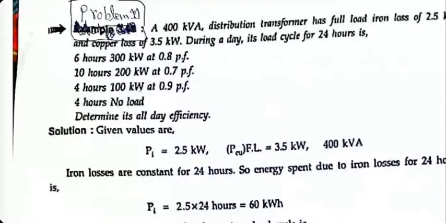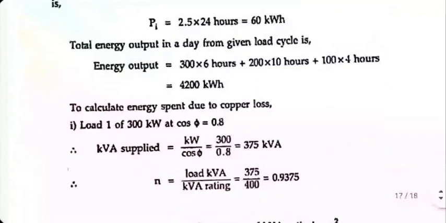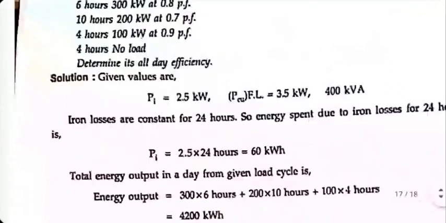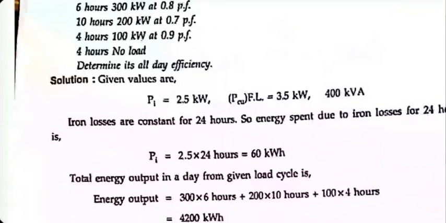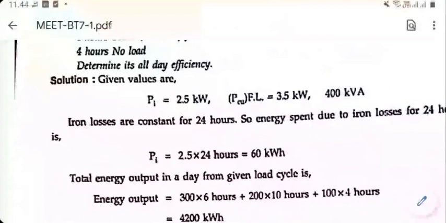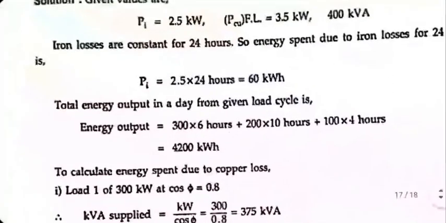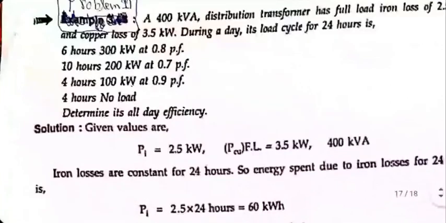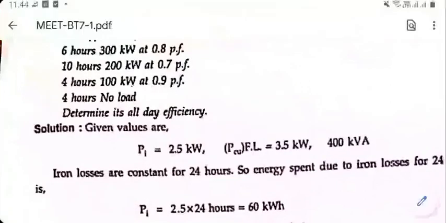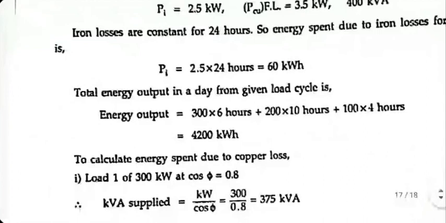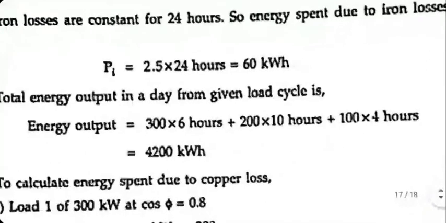So 200 kilowatt multiplied by 10 will give you the second energy consumption. For 4 hours, you are drawing 100 kilowatt. So 100 multiplied by 4 gives you the third energy consumption. And the fourth one is 0. Nothing is connected in those 4 hours. So you sum up these values, you get the total energy output in a 24-hour period: 4200 kilowatt hour. I hope there is no calculation mistake. Most likely there is none.